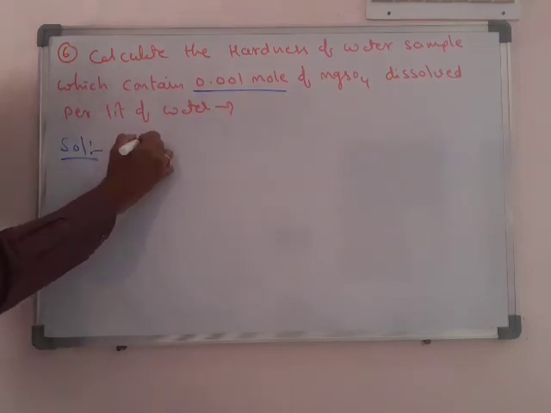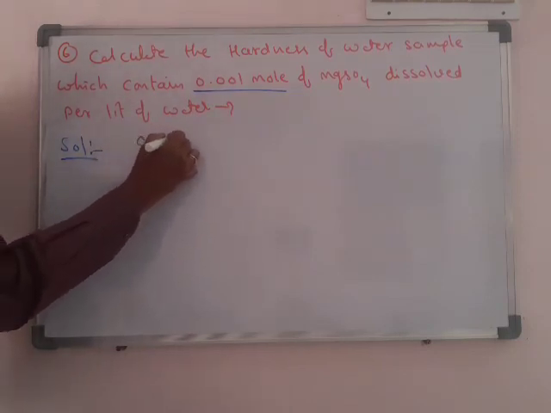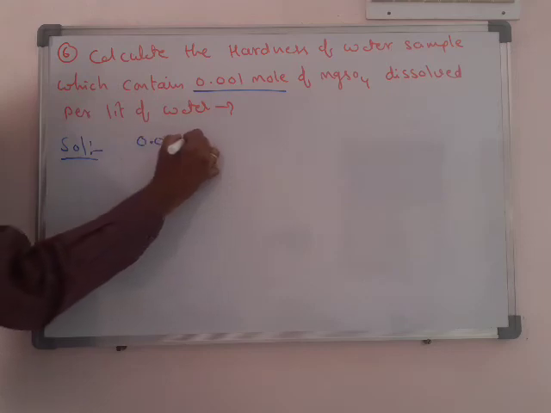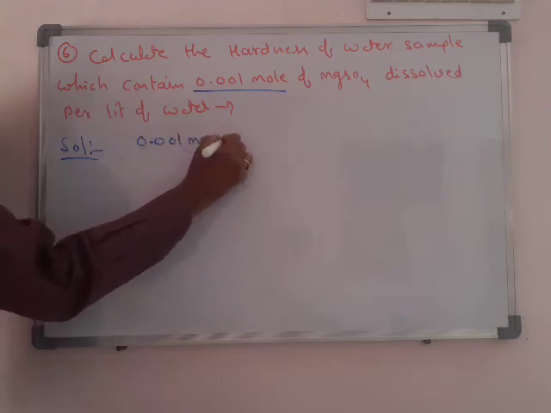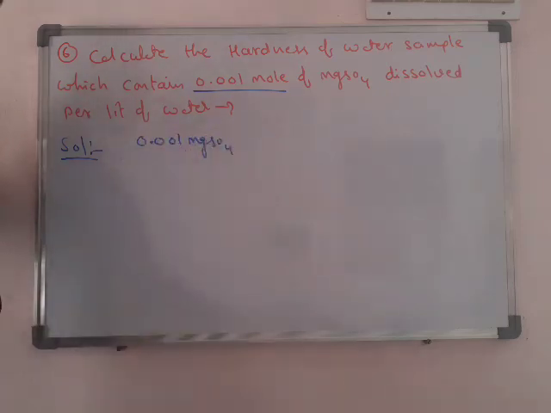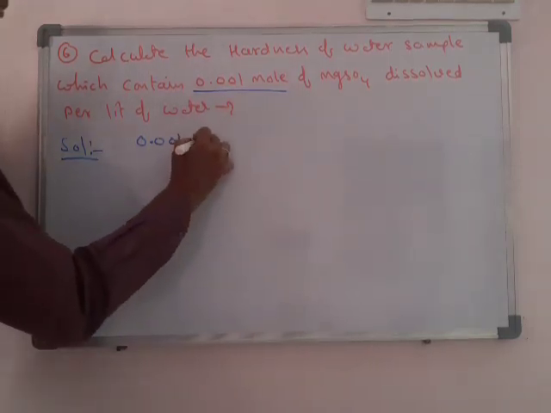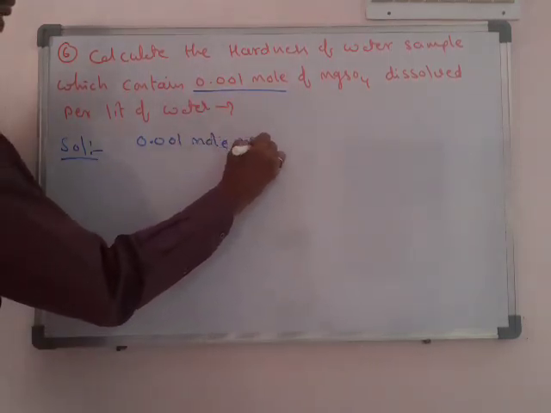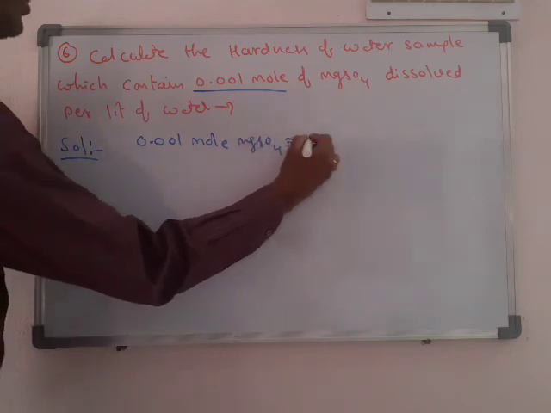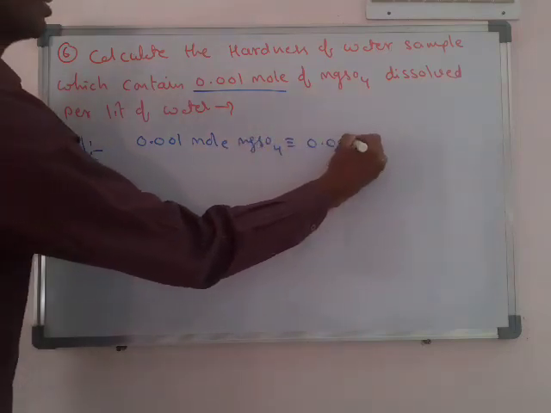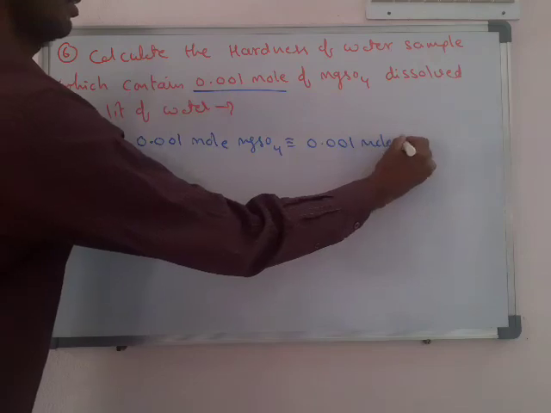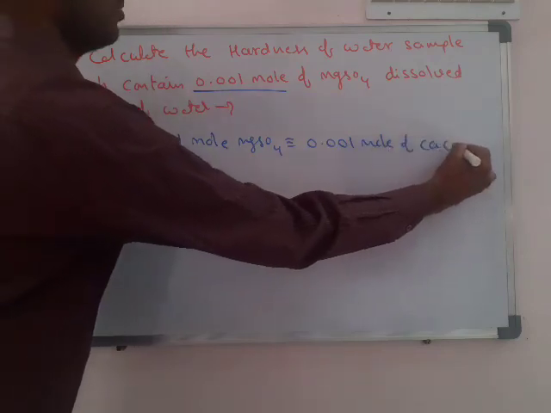So I have to compare that. So 0.001 moles of MgSO4. Since it is in moles, there is no change. Directly, 0.001 mole of calcium carbonate.